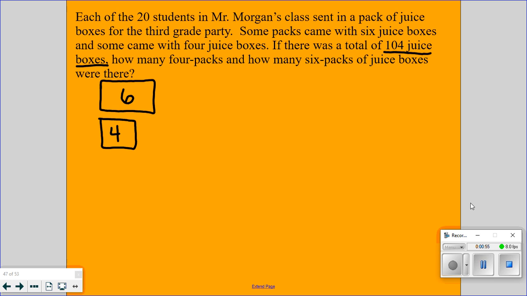What else did we know about these juice boxes? Rylan, what else did we know?